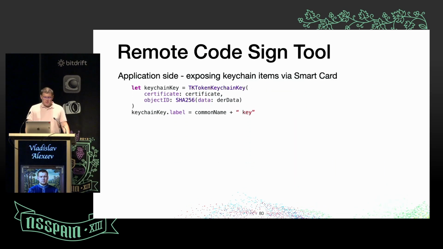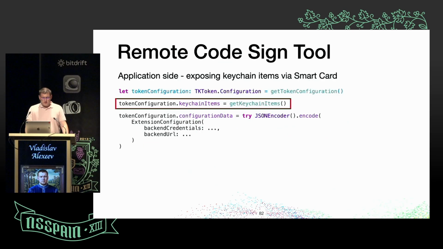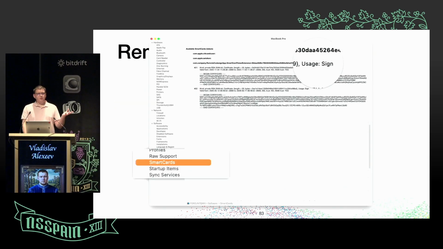And then there's a bunch more configuration for the key itself. It's all boring. I think the important part here is just that we say this key can be used to sign and nothing more. And that's the keychain items part. And again, after you do that, you get the smart card in the System Profiler. That's how you can see the result.